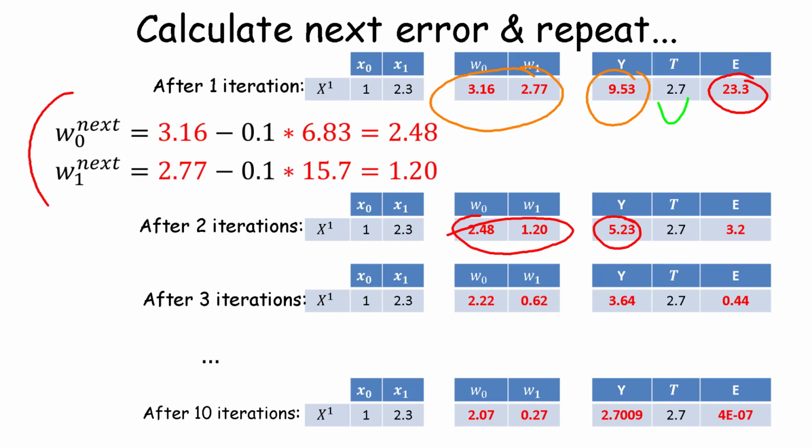The new error is now 3.2. We repeat the weight update one more time and achieve an error of 0.44. And after we repeat this 10 times, we get an output that's very close to 2.7 and a really small error. We stop the learning process here because we like the results.